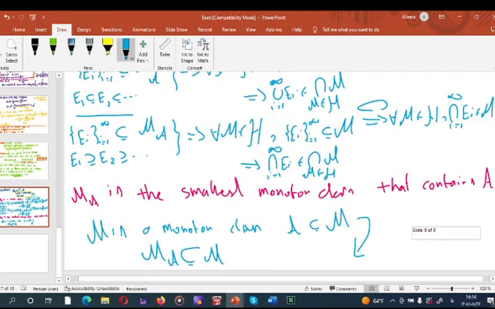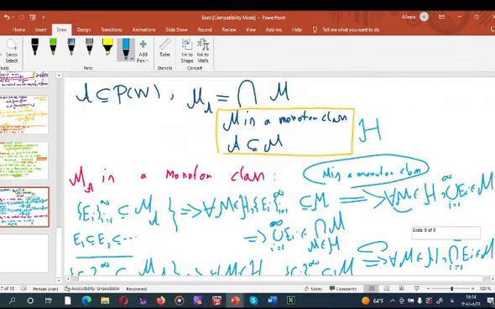This intersection is a subset of all of these monotone classes. So that MA is a subset of all of these M's.